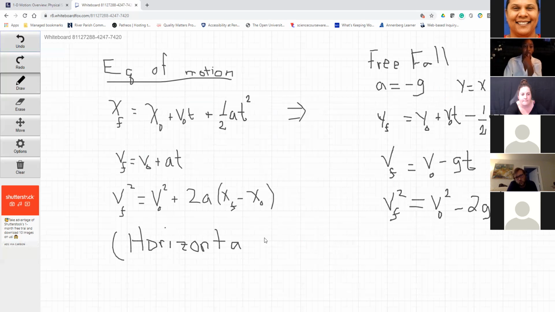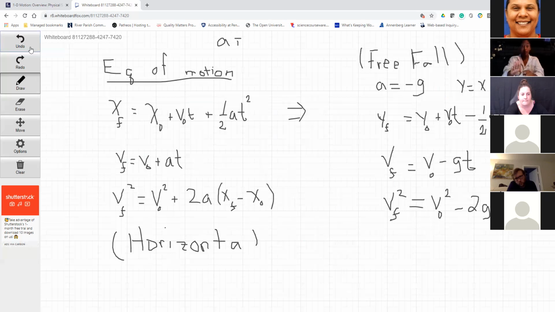Okay, and that's why this is free fall. If you're utilizing these equations, you can figure out where the object is and how fast it's moving, based on the constant acceleration. So A is constant.